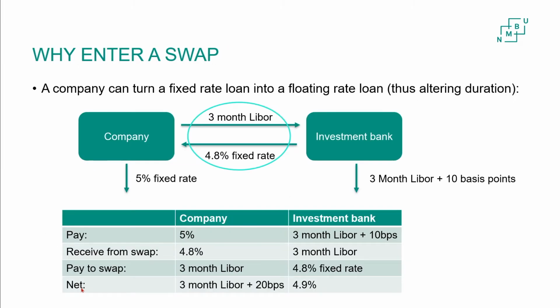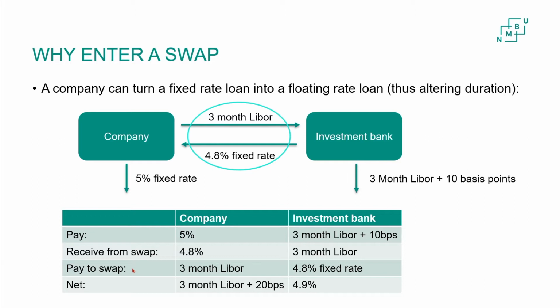So the reason why you would enter a swap is to turn a fixed payment into a floating payment, or a floating payment into a fixed payment. You can also have swap deals where you swap two fixed payments, for example, in different currencies.